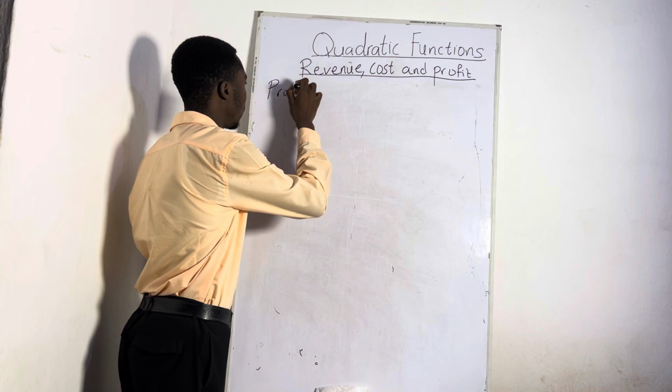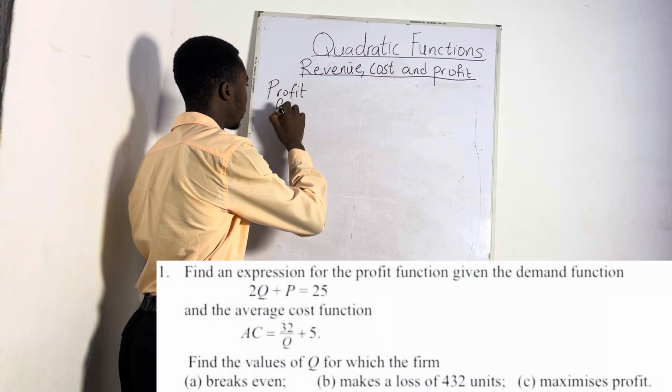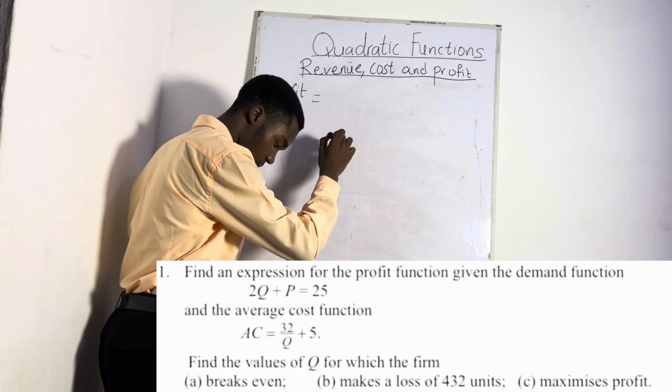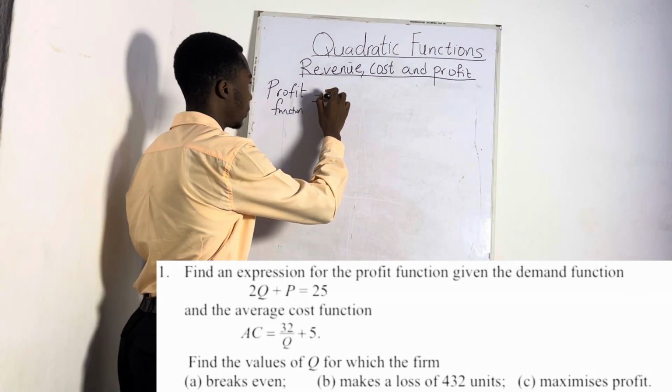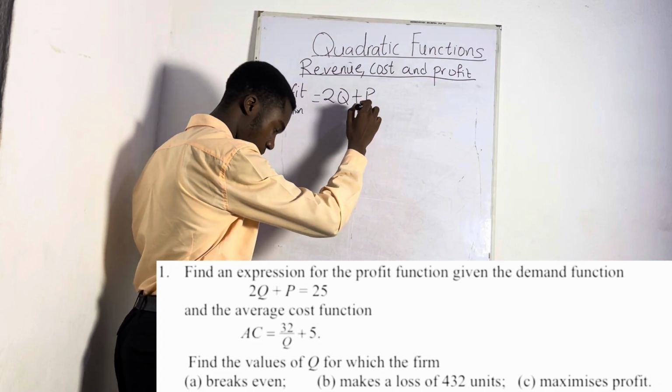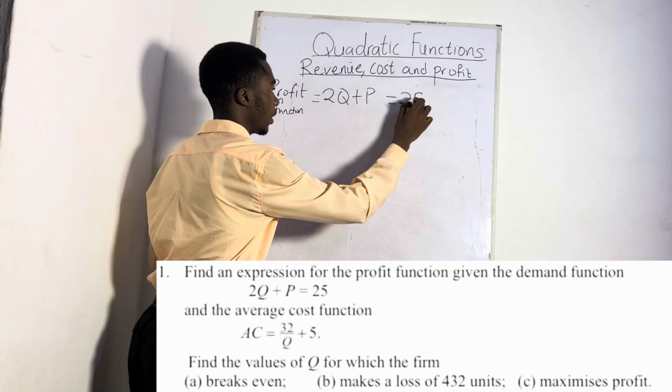All right, so the question has given us the demand function: 2K plus P is equal to 25.